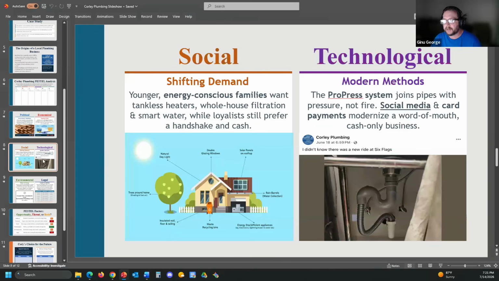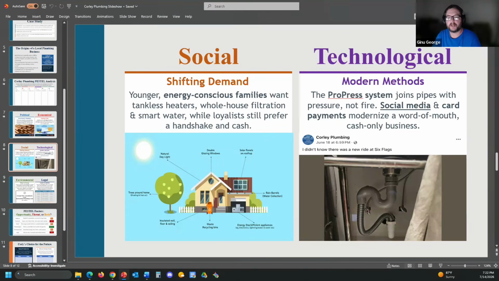There are social factors here too. Social shifts. Corley's traditional customer base is built on cash, checks, and the way you used to do business was with a handshake. If you talk to my grandparents, they would hire a plumber based on a handshake and good wishes. Today, we almost certainly always go through an app or website before we hire a plumber, right?